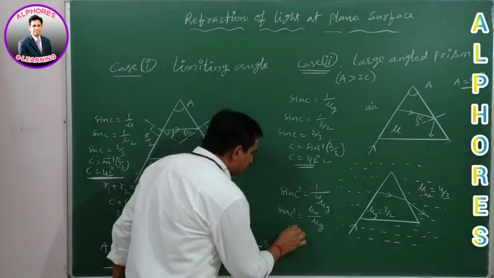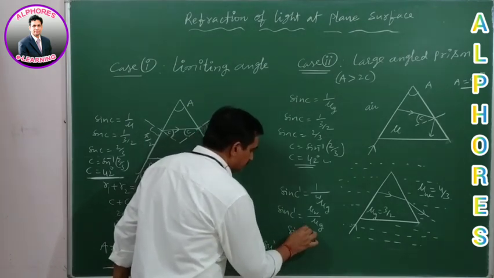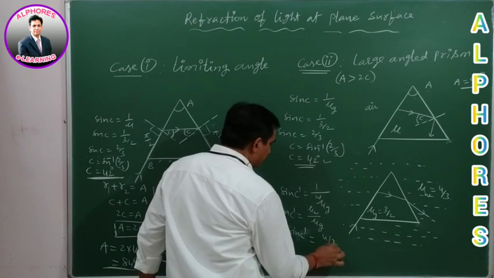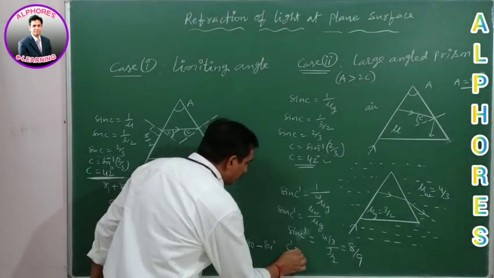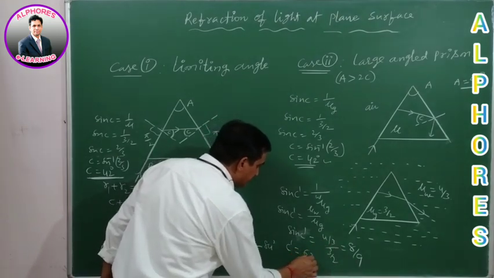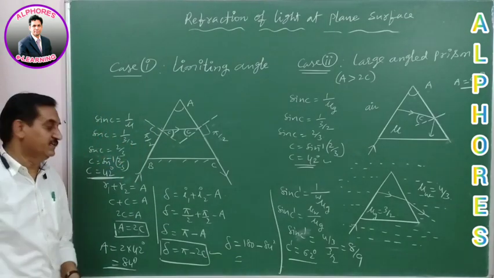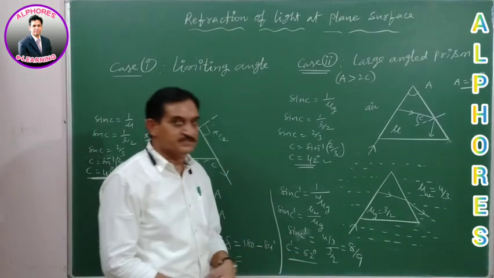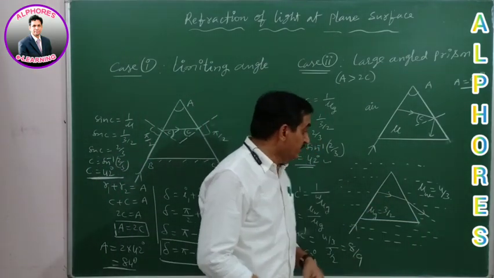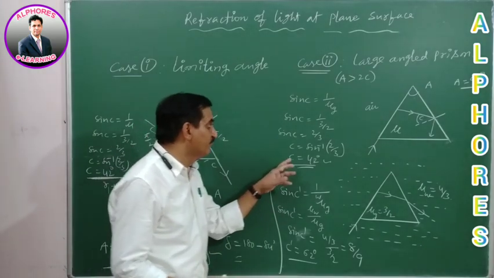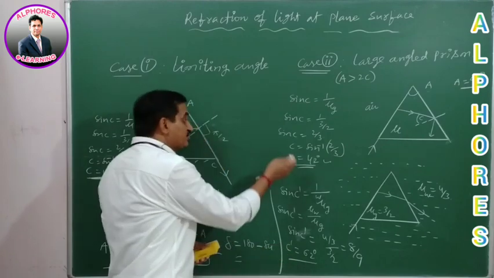Simplifying this, sin C dash is equal to 4 by 3 by 3 by 2, which gives 8 by 9. So C dash equal to sin inverse 8 by 9, giving 62 degree nearly. So what happened here? The critical angle is increased. The critical angle for the glass water medium is more than the critical angle for the glass air medium.